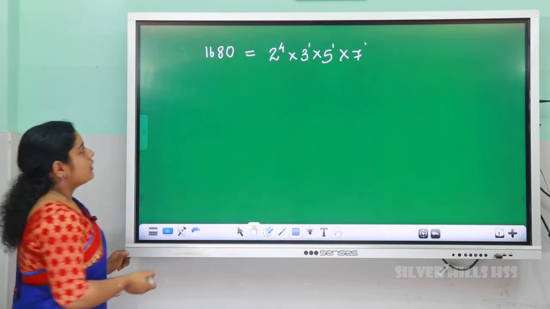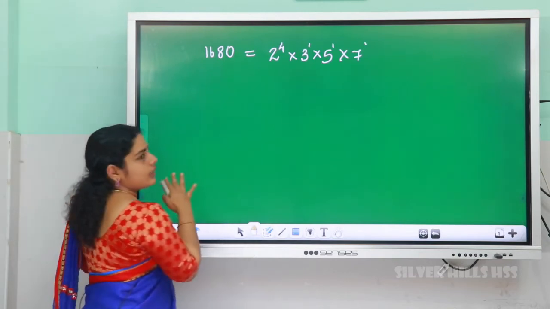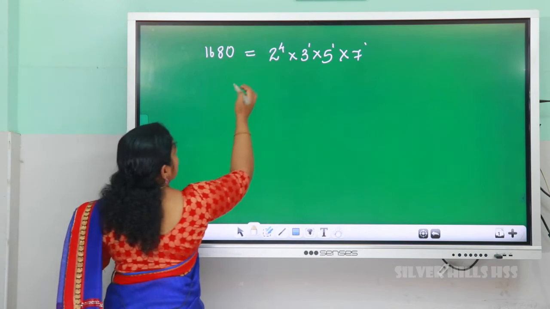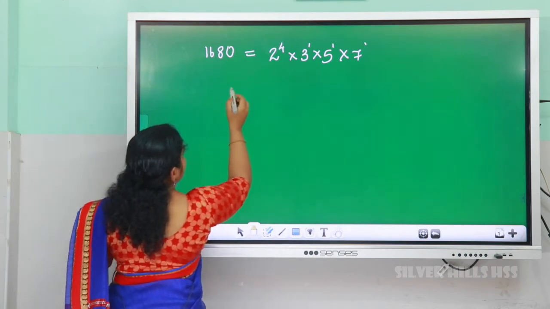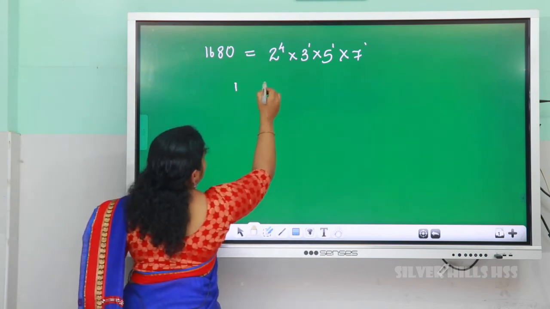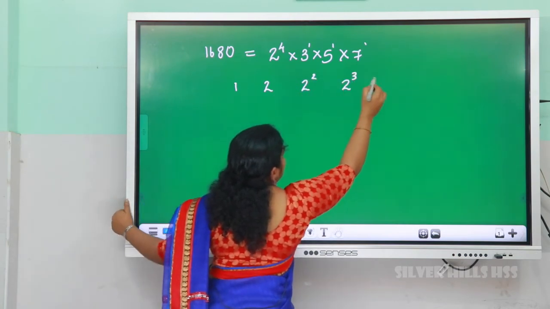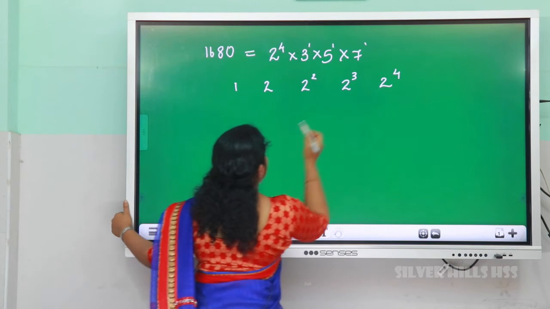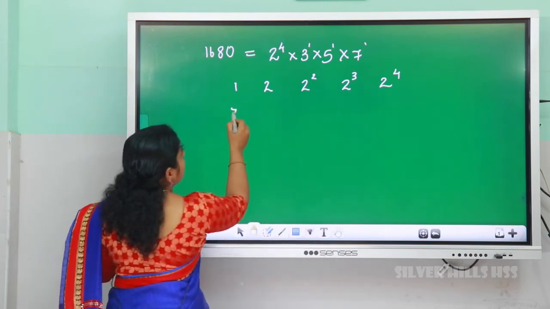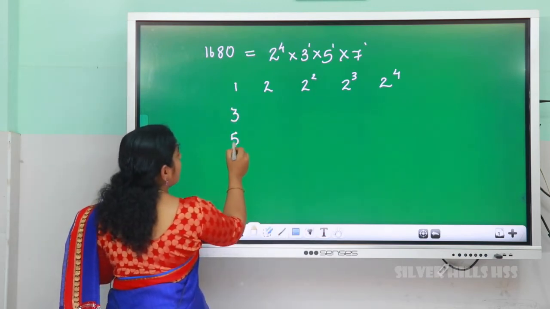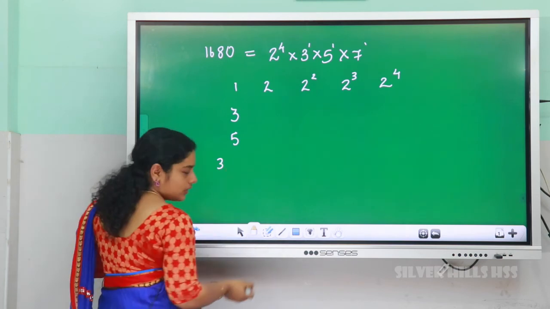Okay, so just as the similar problem, we will write all the powers of 2 horizontally. 1, 2, 2 square, 2 raised to 3, 2 raised to 4. Then 3 we will write here, 5 we will write, 7 we will write.